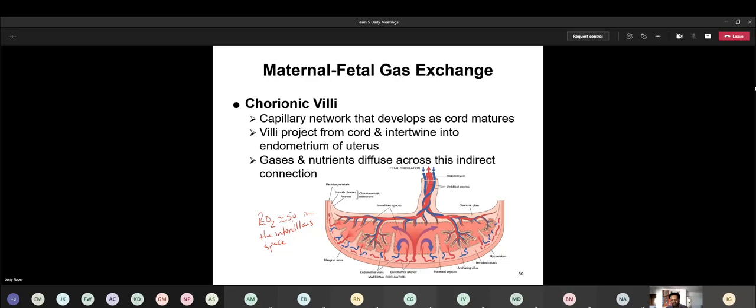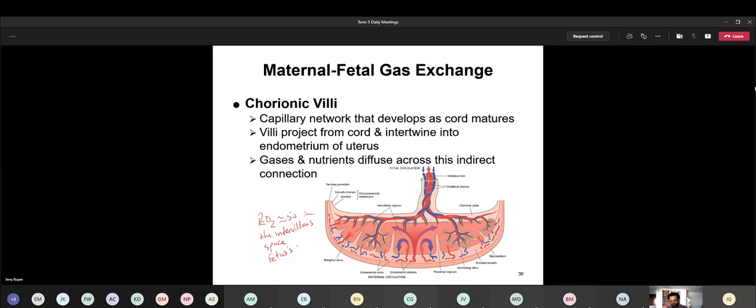So if the PaO2 is 50 in the villus space, and then the fetus is, and I'm going to say mixed venous, because as we'll see with this fetal circulation, there's going to be a lot of shunting and venous admixture taking place. So I'm just going to call this mixed venous, just to be very specific here.